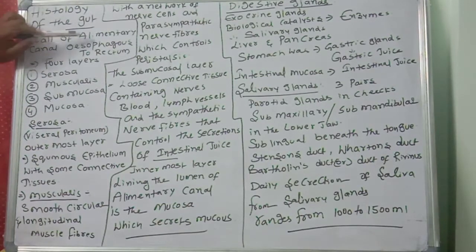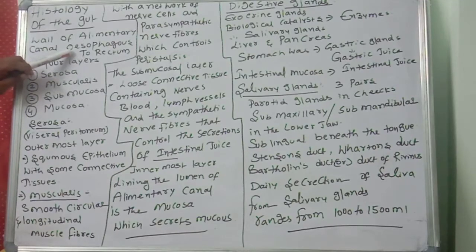The wall of the alimentary canal. What is the alimentary canal? From mouth to anus, a long tube-like structure is called the alimentary canal. In the wall of the alimentary canal, from esophagus to rectum, there are four layers. How many layers? Four layers.